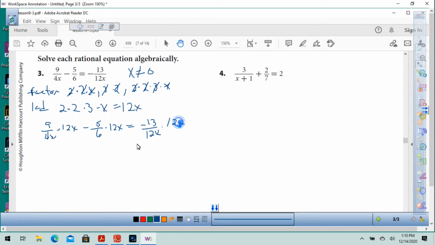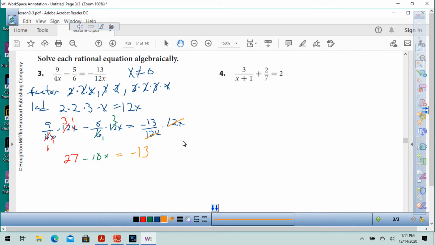Here the x's cancel out, and this becomes a 1 and that becomes a 3. 9 times 3 is 27. Let's try this next one. 6 and 2, so I got minus 5 times 2, which is 10x. Then here the 12x's cancel out, and that equals negative 13.